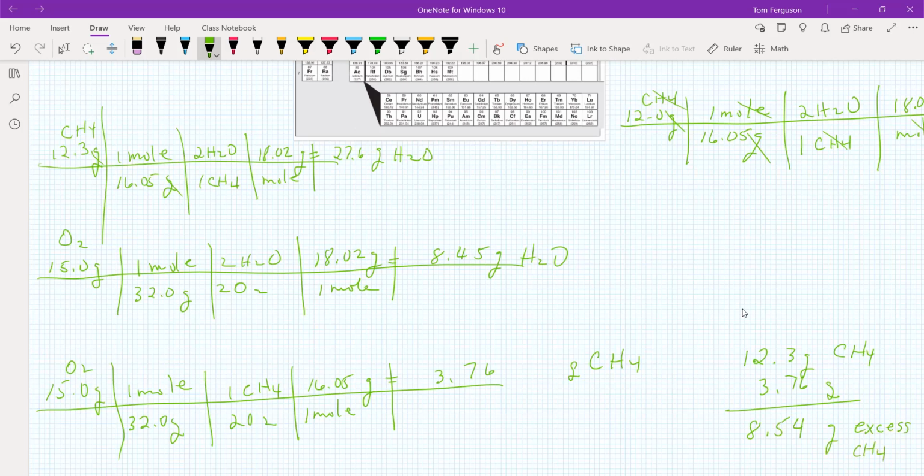So that means we have an excess of 8.54 grams of methane.